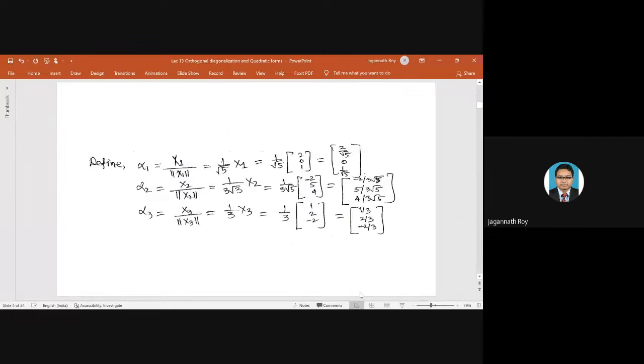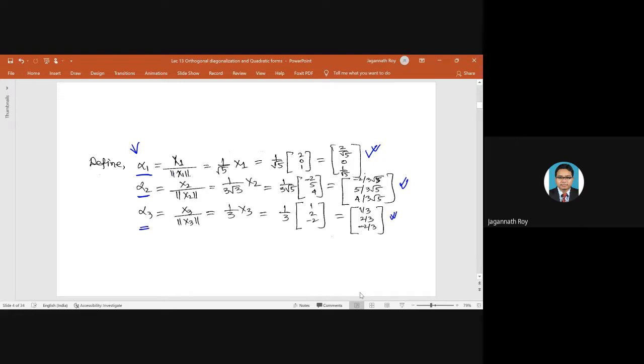So if you do this, we define alpha 1, alpha 2 and alpha 3 by these relations. So x1 divided by the norm of the vector, so this is 1 by root 5 into x1. Just do a simple simplification for all the vectors.